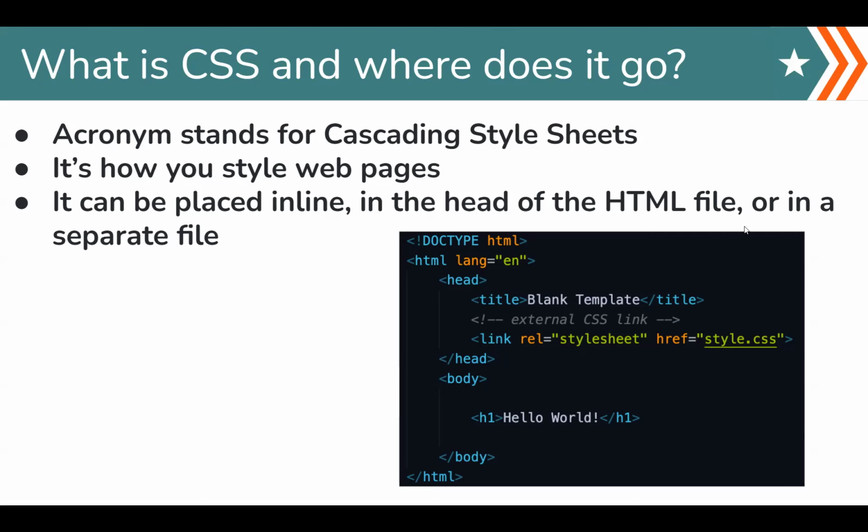The other way that you're going to see is in the HTML file itself, kind of like putting it in the body or in a separate file. The method we're going to work on is going to be adding CSS into a separate file, but connecting it to our HTML document, right?